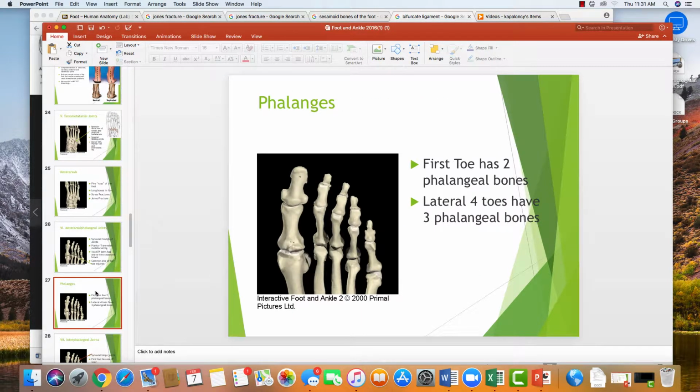Same with the phalanges here. They're going to have collateral ligaments, or side ligaments. Remember, we talked about two big collateral ligaments in the knee, the medial and lateral, also called the fibular ligament. Those are the two on either side of the knee, preventing it from going in a valgus or varus manner.